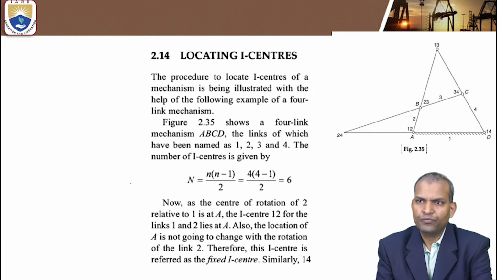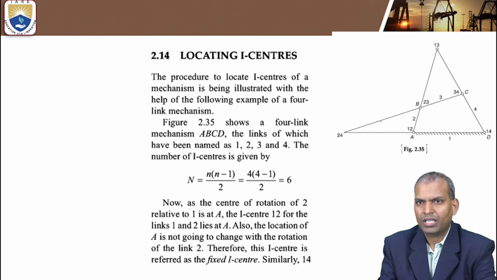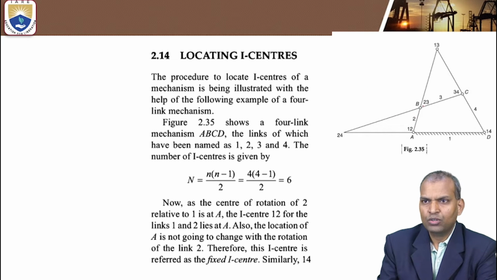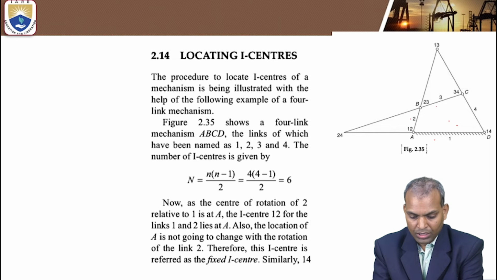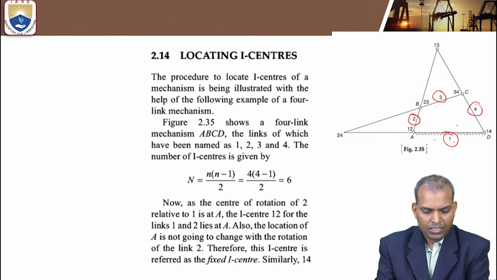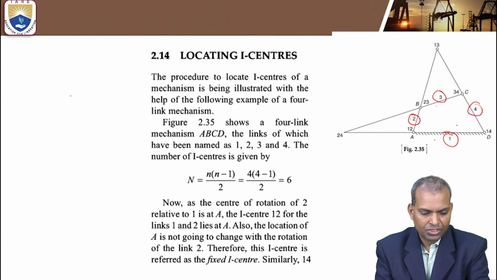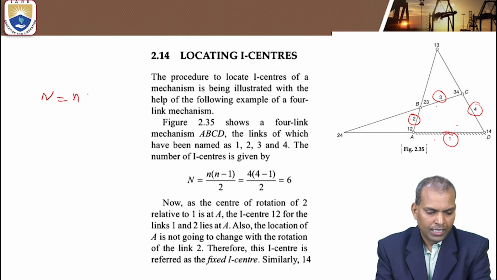Consider here a 4-bar mechanism. There are links 1, 2, 3 and 4. What is the number of instantaneous centers of this 4-bar mechanism? The total number of instantaneous centers is equal to n into n minus 1 by 2.